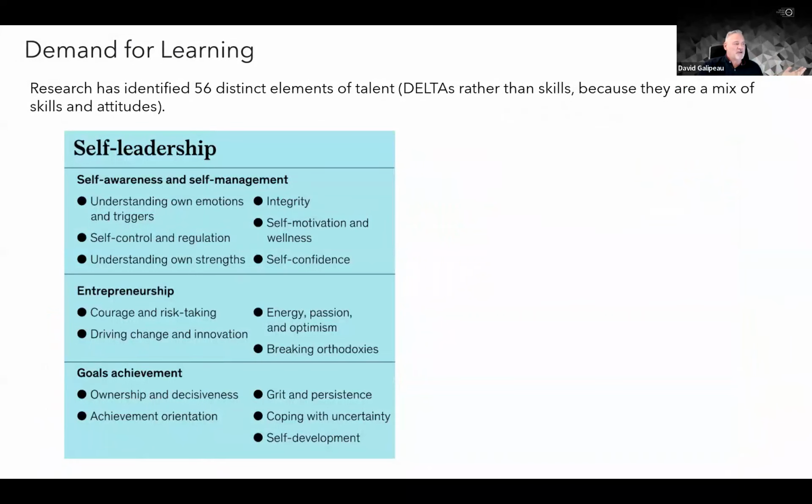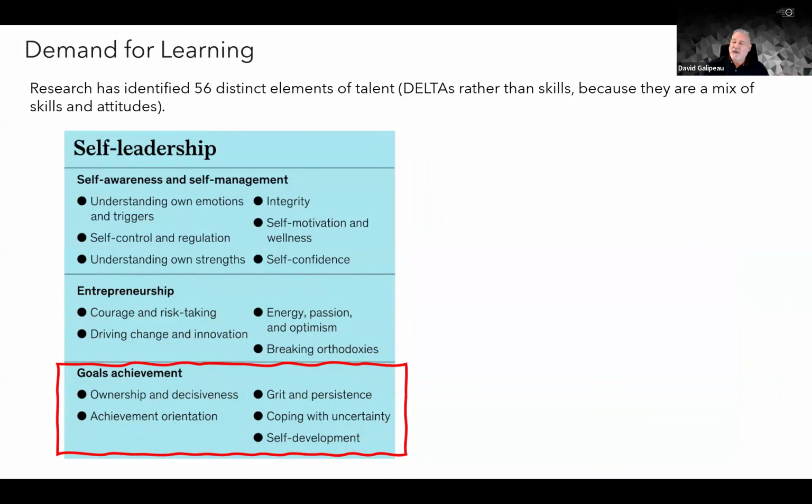Even self-leadership, we start to understand entrepreneurship. Entrepreneurship is coming into basically every course being taught nowadays. Entrepreneurship and innovation are being introduced and brought in. Goal achievement, not only when we talk about talent, ideas, a dime a dozen.